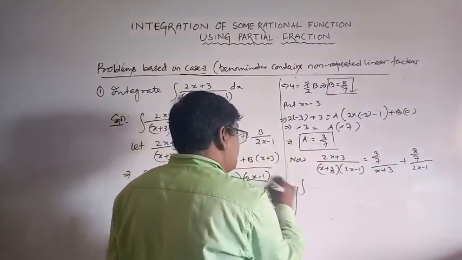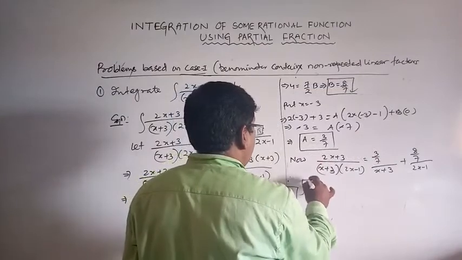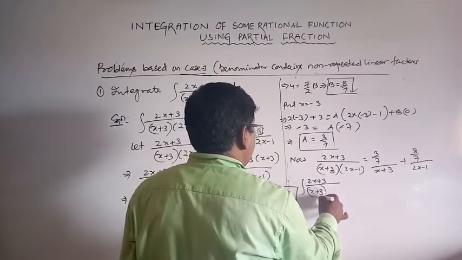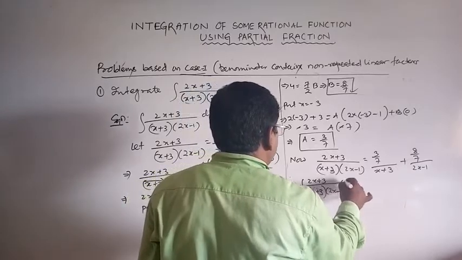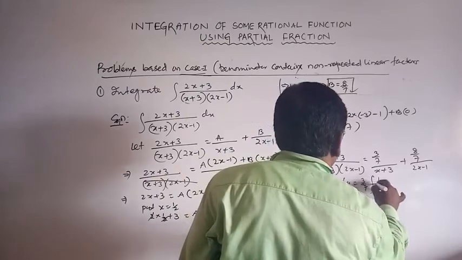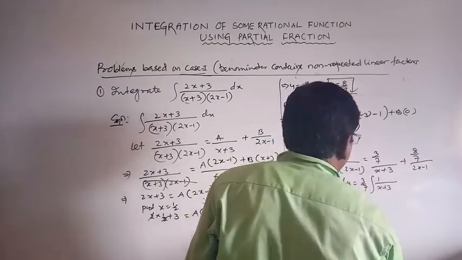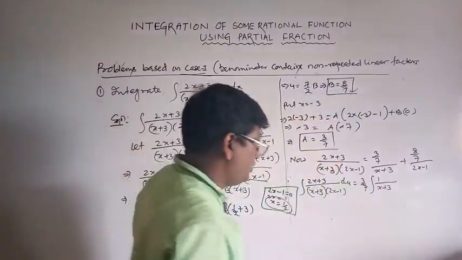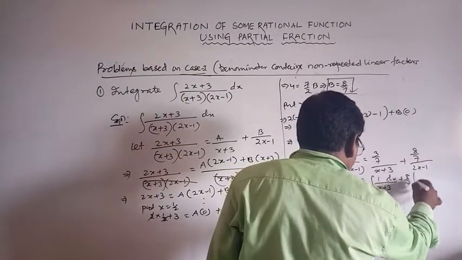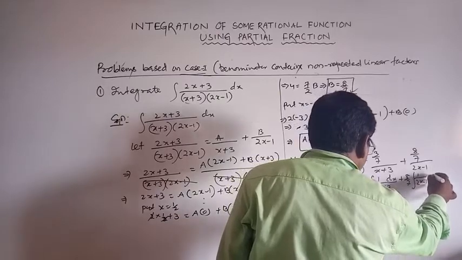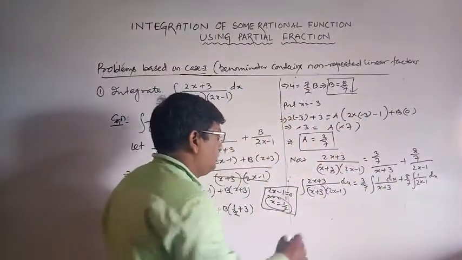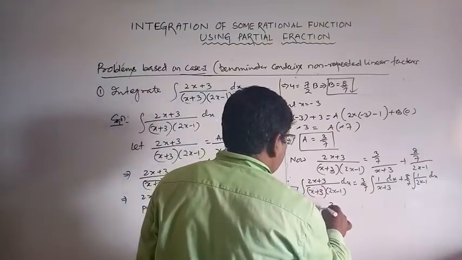Now the integration of (2x + 3) divided by (x + 3)(2x - 1) dx is equal to 3 by 7 constant times the integral of 1 by (x + 3) dx plus 8 by 7 constant times the integral of 1 by (2x - 1) dx. Clear?